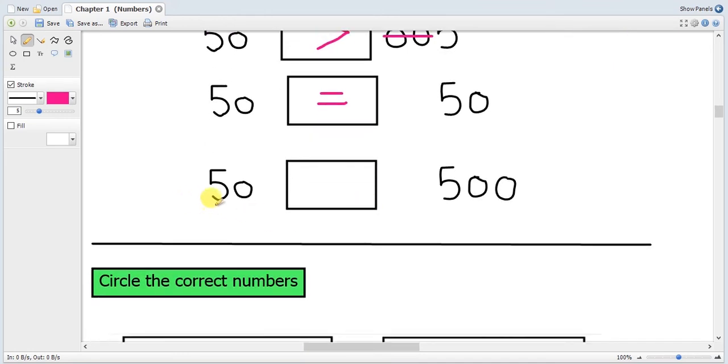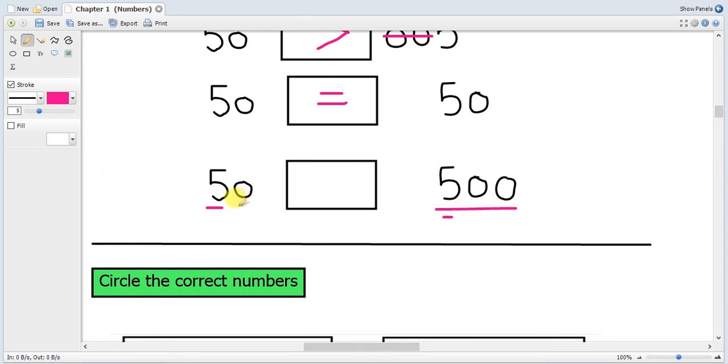The next question is 50 and 500: is this less than, greater than, or equal? See, the number of digits over here is 2, and in this case it is 3. So from here we can conclude that this number is smaller. If not, we'll do it another way. Start comparing with the first digit. This is 5, this is 5. Equal.